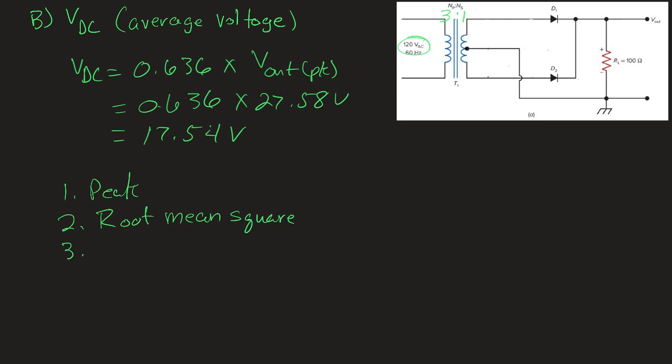And then we're also dealing with the average voltage. Okay, so each one of these has a different calculation. So the peak voltage is your max amplitude on your wave. You can either use an oscilloscope to determine what that is if you have one, or it's 1.414 times the RMS voltage.